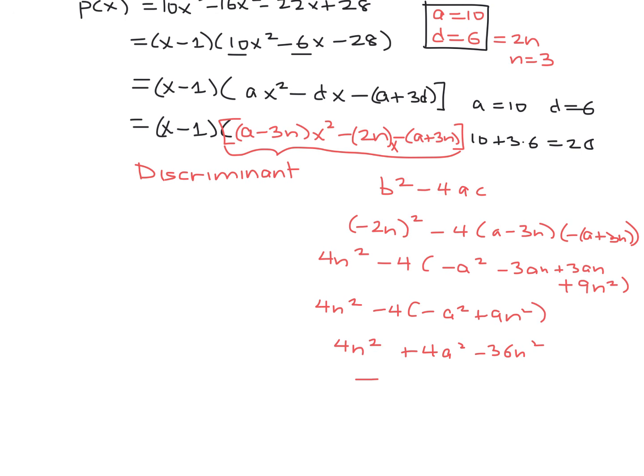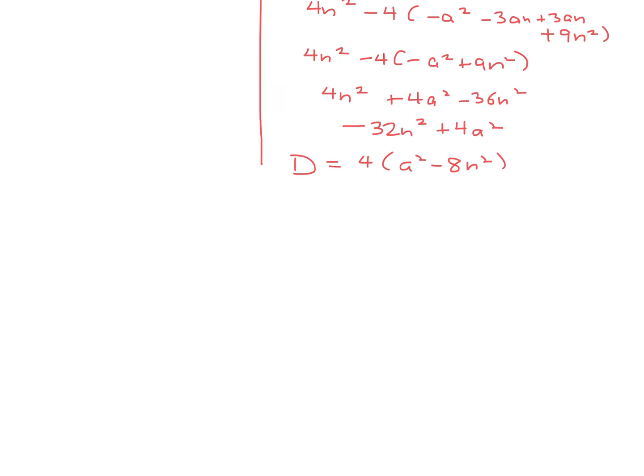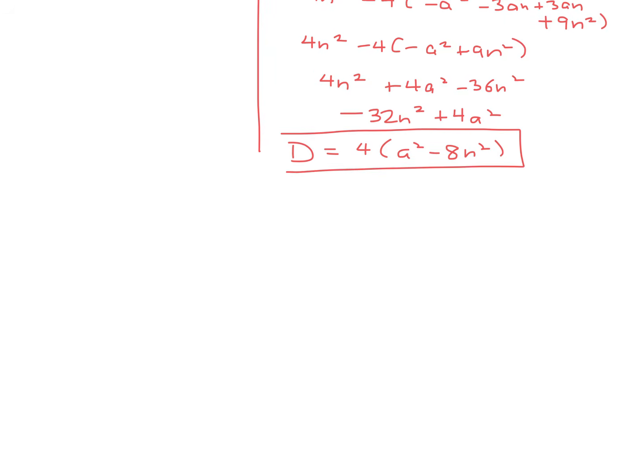I thought there was no like terms. 32n squared plus 4a squared, and then we can factor this with the 4, and we'll get a squared minus 8n squared. Oh, this is the discriminant, capital D. Okay, so that's pretty good. It's not too complicated to work with.